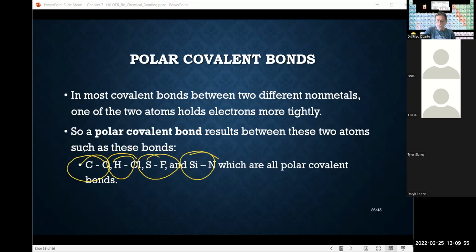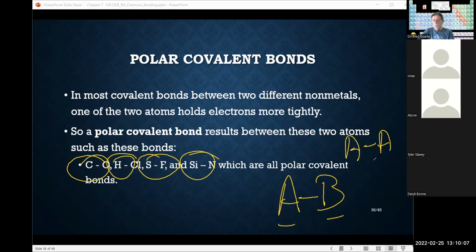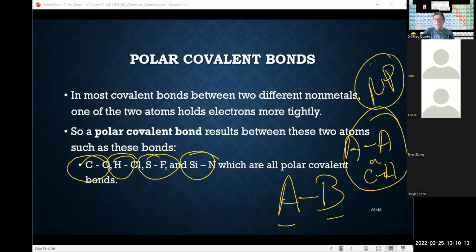Notice the trend there. This is like the example of A, B, two dissimilar atoms. You're going to automatically have a polar bond, unlike the example I said, A and A, or C and H. These guys are nonpolar.